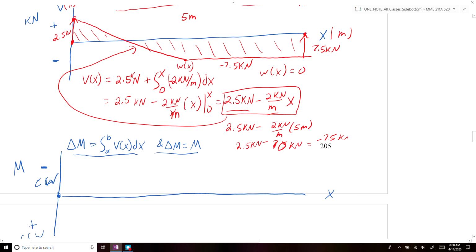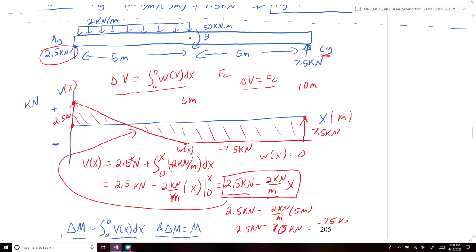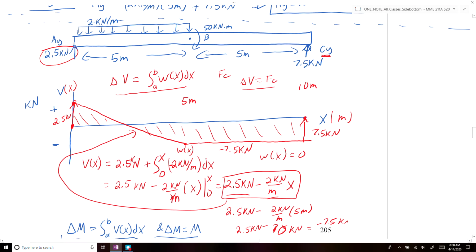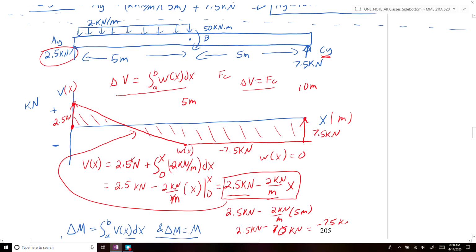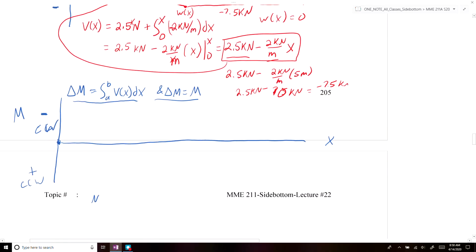From point A to point B, if we look at our diagram, we have no couple moments being applied. We have a couple moment at point B, but before we get to point B, we only have our shear diagram. So to find M of x along that stretch, we can say this is equal to M0, the couple moment, which is zero, plus the integral from 0 to x of V of x.